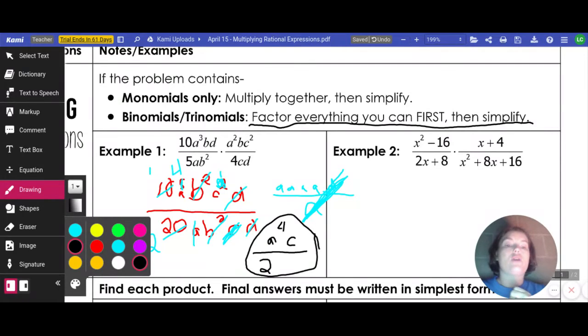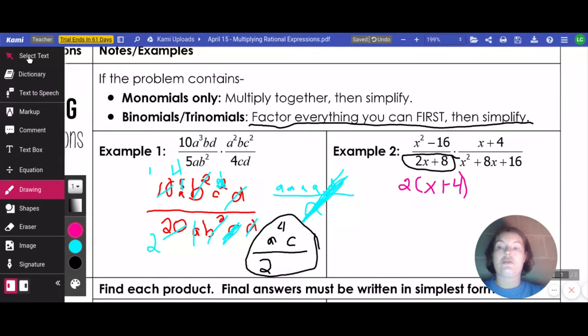All right. So first thing I'm going to do is look at all of them, and I'm going to say, can I take a GCF out of any of these? And I see that this right here does have a GCF. I can pull out a 2 from that. So I'm going to rewrite it. I'm going to pull the 2 out, and I'm going to be left with x plus 4 on the inside.